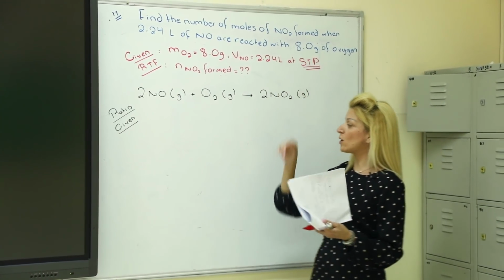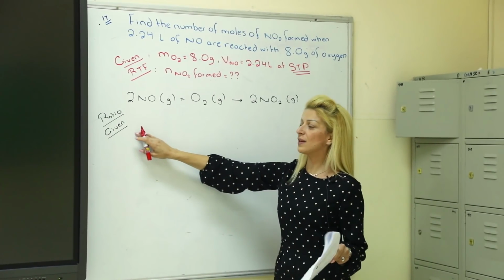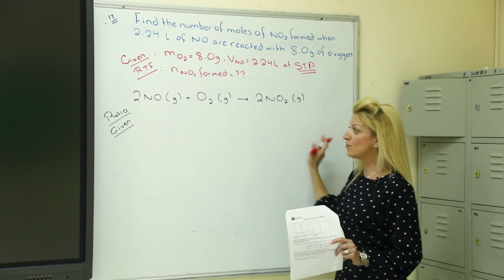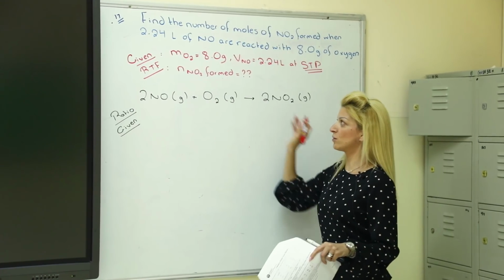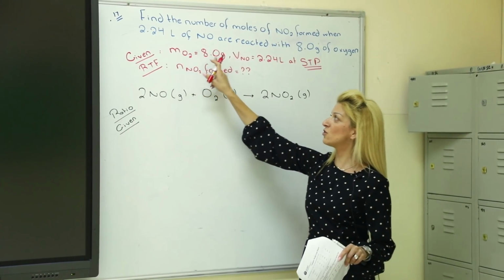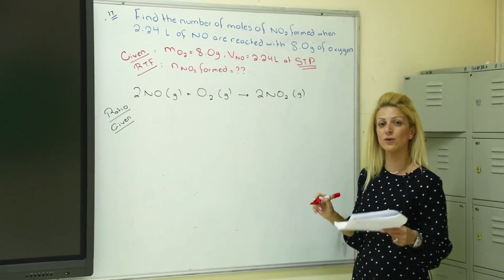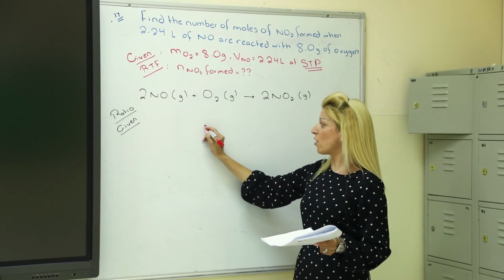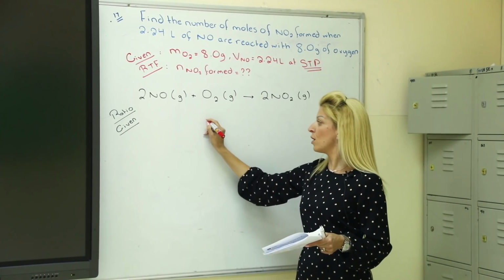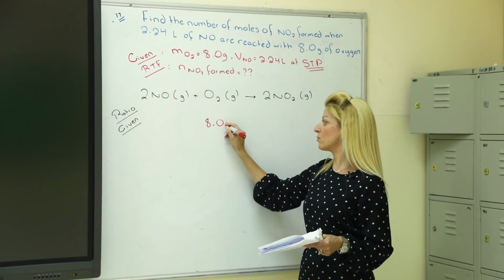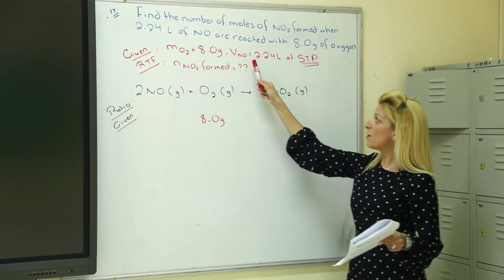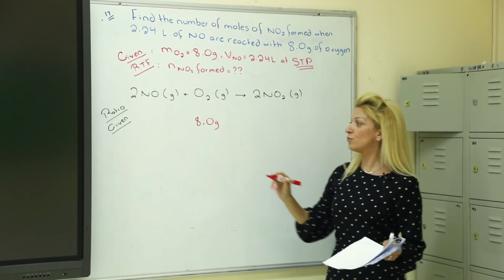So if we go back to our question, let us write the given in the second row under the relevant reactants and products. So the mass of oxygen gas is given to be 8.0 grams. So under oxygen gas in the second row, we will write 8.0 grams. Volume of NO is 2.24 liters.